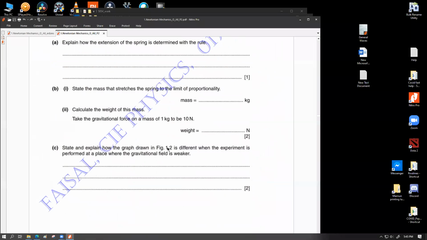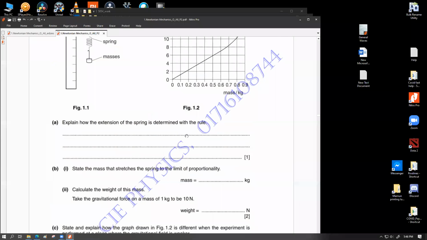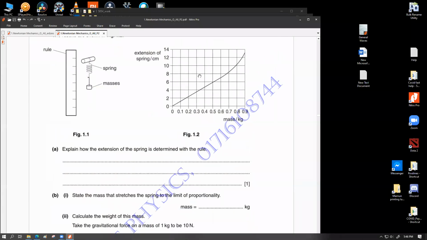Explain how the graph drawn in figure 1.2 is different when the experiment is performed at a place where the gravitational field is weaker. Essentially, if the gravitational field is weaker, then we're going to have two differences in this graph. First of all, the gradient. If the gravitational field is weaker, it means that the same amount of mass will be producing a smaller force onto the spring.